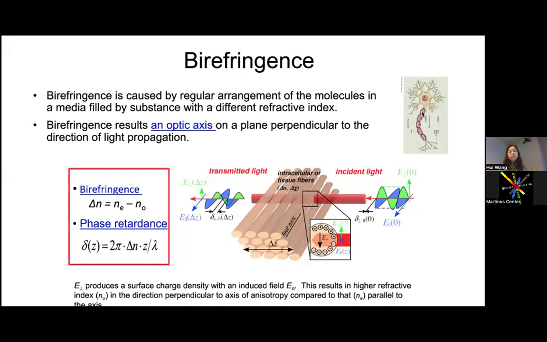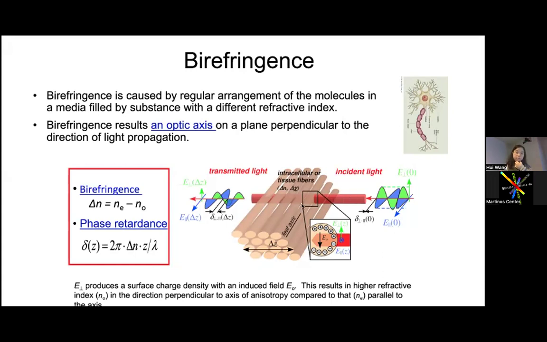And the myelin forms a very regular arrangement along the axons, such that when the polarized light passes through these axons, it actually sees two different refractive indices along two axes perpendicular to each other.